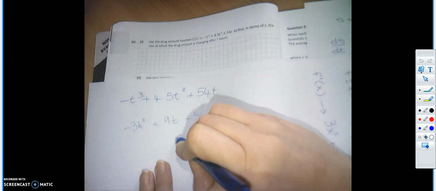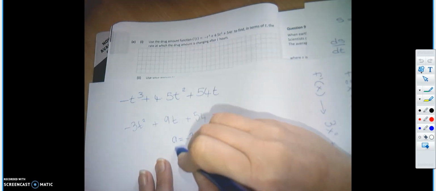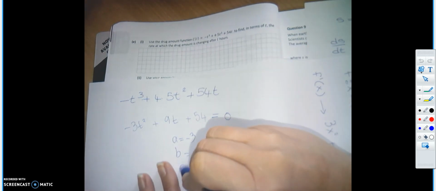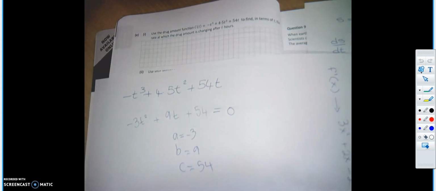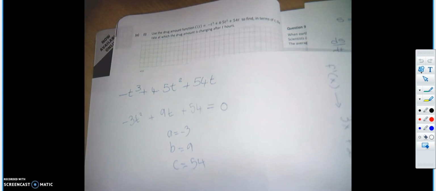In this case, your a is minus 3, your b is 9, your c is 54. You would plug it in and you would get two values. We want the maximum, so we need to know which is the max. So you would then plug those values back into the original. So if the question says maximum or rate of change, it means calculus.